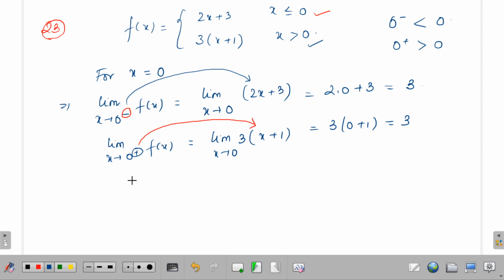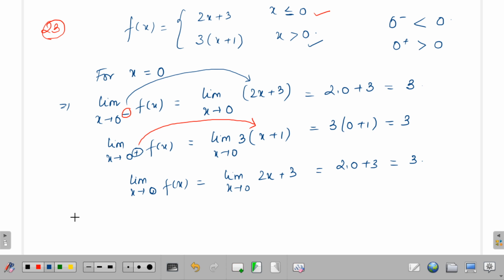And lastly, for the limit of x tends to 0, that means x is equal to 0, f of x, I'll be getting, for the equal to sign over here, the first one. So that is the limit of x tends to 0 of 2x plus 3, which is nothing more than 2 into 0 plus 3. I got here 3.